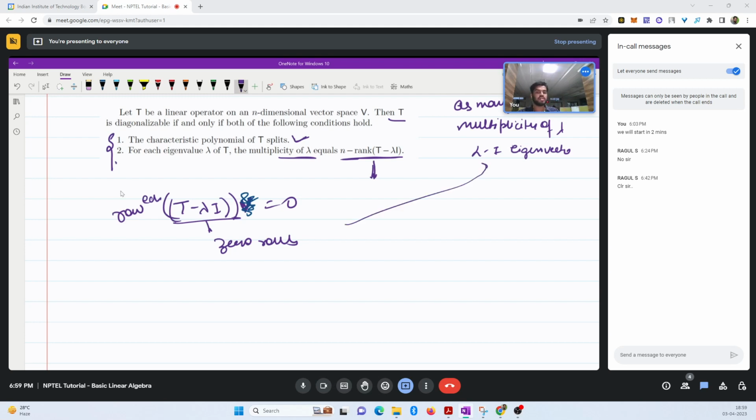So this thing is stating that. Rank is the number of non-zero rows, but what we want to count is the number of zero rows. So they have just subtracted, n minus the number of non-zero rows, to get the zero rows. They are also just stating the same thing, but in a different way.